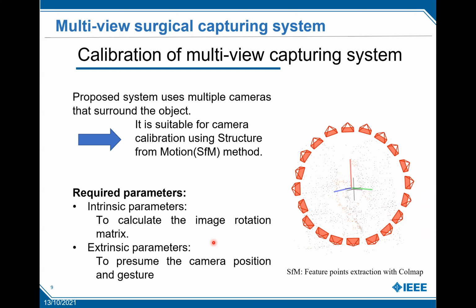The position and the order of the cameras are estimated based on the corresponding point information, and the 3D position of the corresponding points is estimated through stereo vision. After that, the intrinsic parameters can be used to calculate the image rotation matrix. As for the extrinsic parameters, they can help with presuming the camera position and gesture.